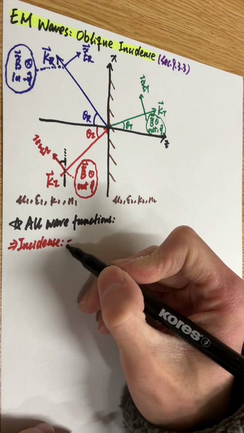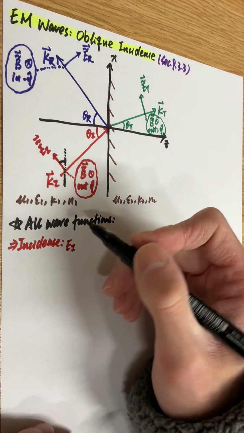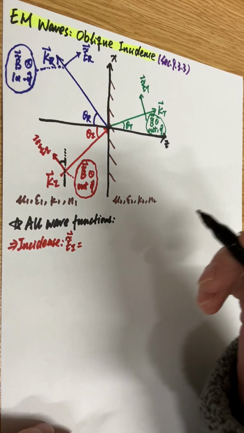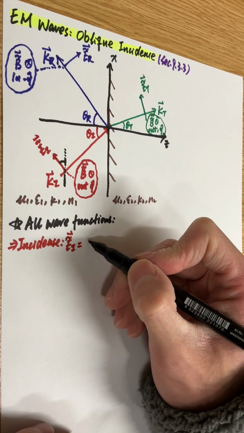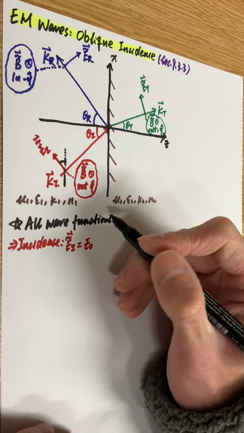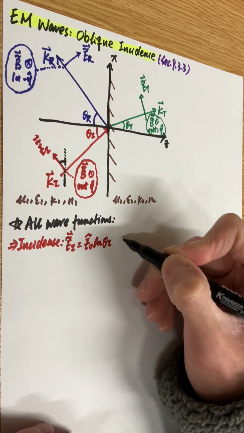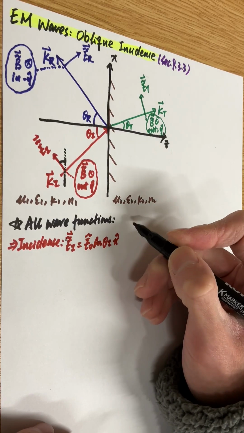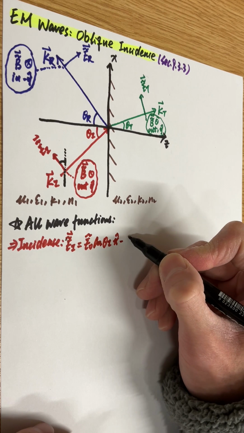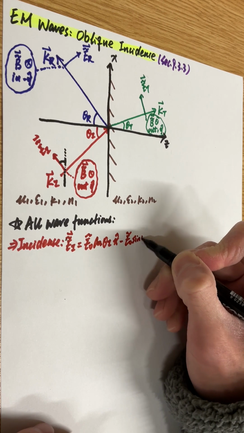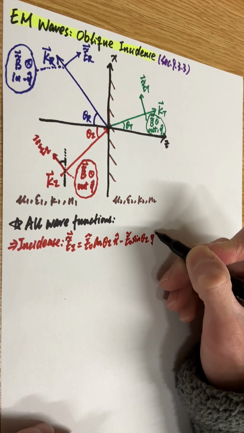So E_I. First, the polarization: the amplitude is E0, and then cosine theta I in the x direction, minus E0 sine theta I in the z direction.